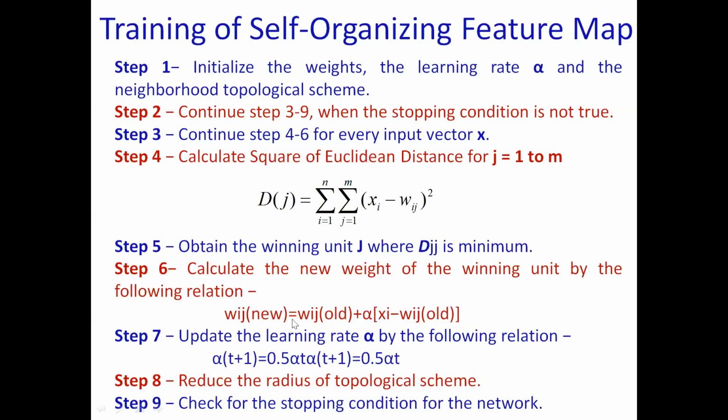Whenever we obtain a new updated weight, we also need to update the learning rate. The learning rate is updated as alpha(t+1) equals 0.5 alpha(t).